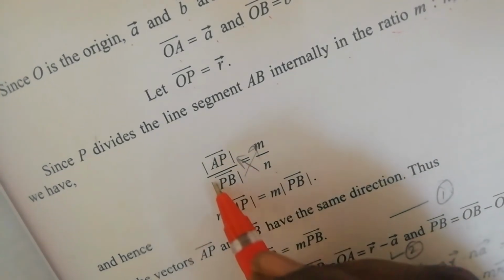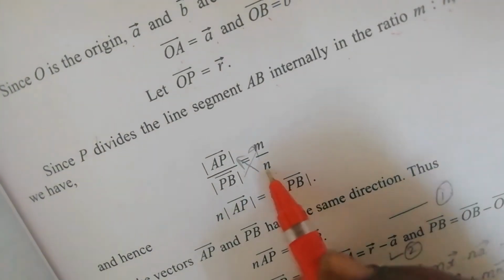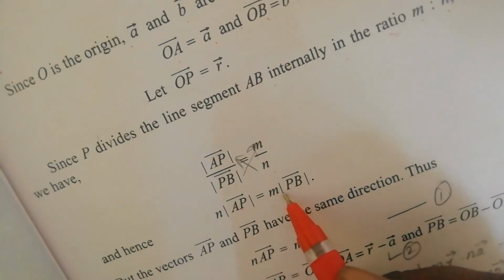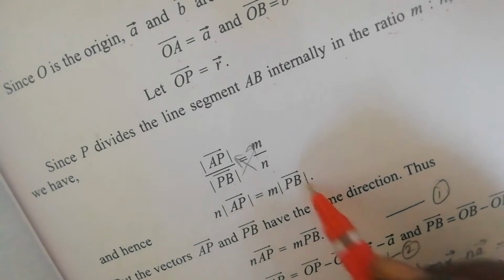We can take the cross multiplication: N into AP equals M into BP.